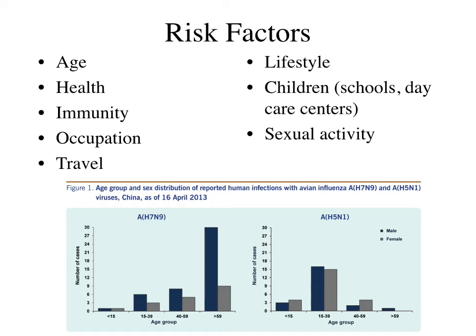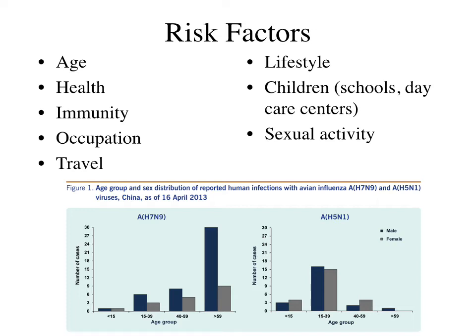There are risk factors that have to be considered in addition to some of these other factors we've been talking about. Age can play a role. With certain viruses, the very young or the very old may be at greatest risk. It depends from disease to disease. The overall health of the individual can play a role.